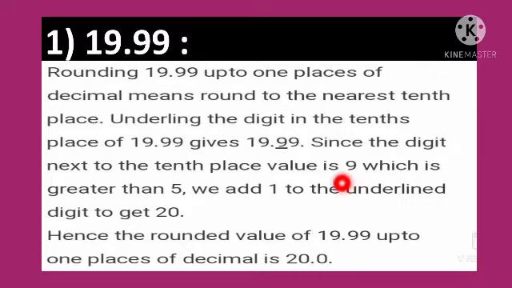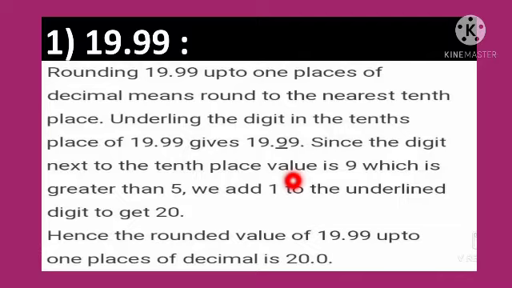So children, look at the digit to the right of the underlined digit. If that digit is less than 5, then the underlined digit remains the same. If that digit is greater than or equal to 5, add 1 to the underlined digit. Here, what about the digit to the right of the underlined digit? Yes, it is greater than 5. So, children, what do we have to do?